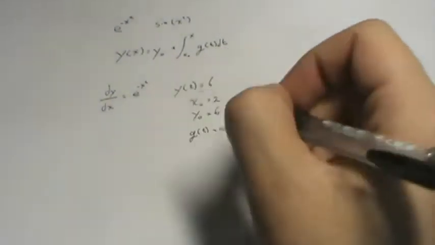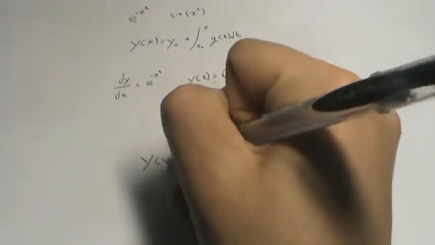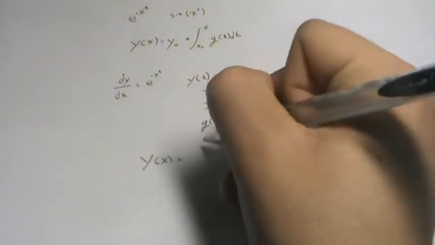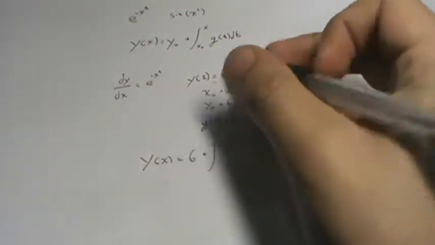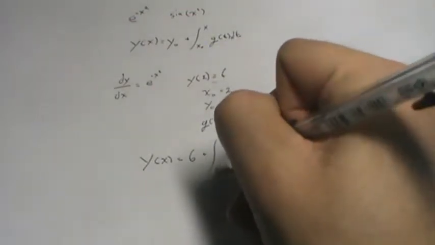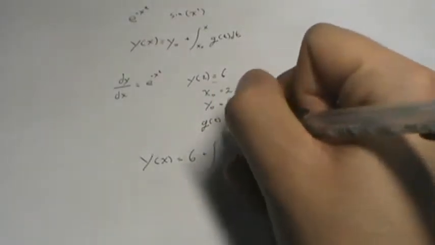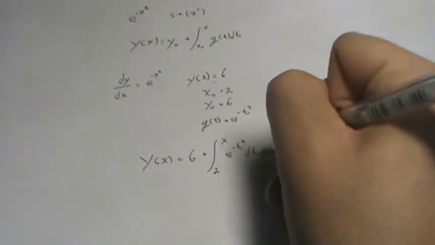We're just changing the variable, there is no other change here. And now our y of x is equal to y0, that is 6, plus the integral from x0, that is 2, to x of g of t, that is e to the minus t squared dt.